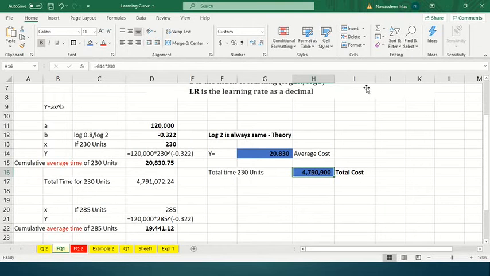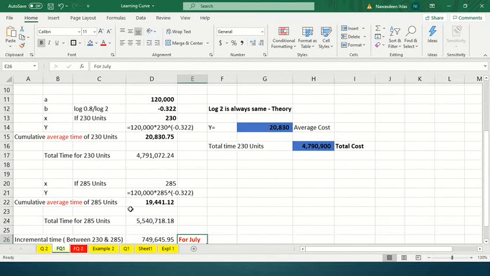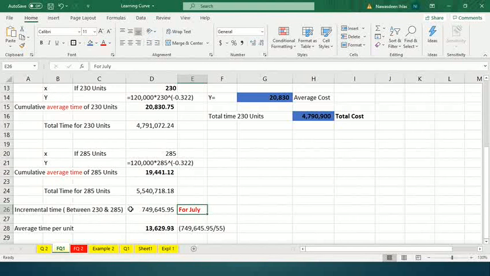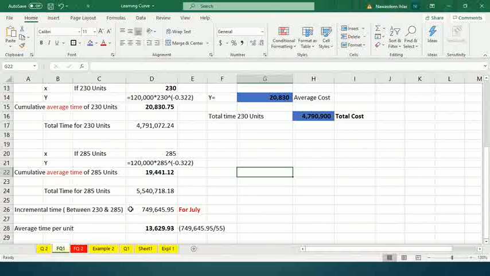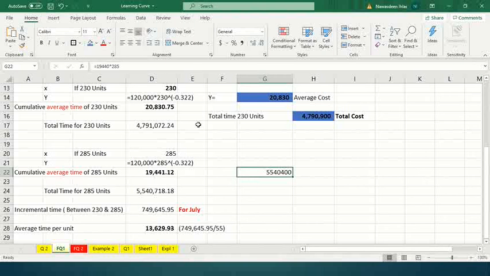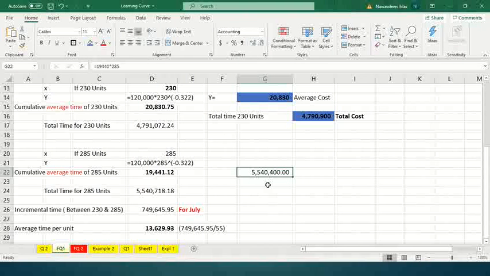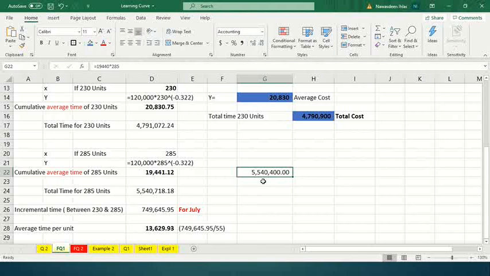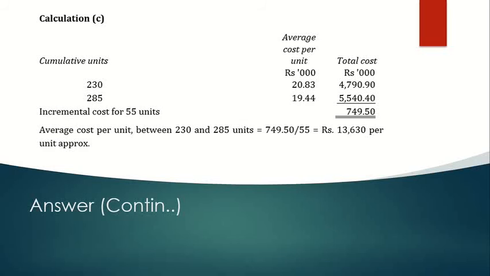If our output level here if our output level is 285, we have taken this figure as 19,440 approximately into 285. This will be our output. So our total cost will be 5,540,400.